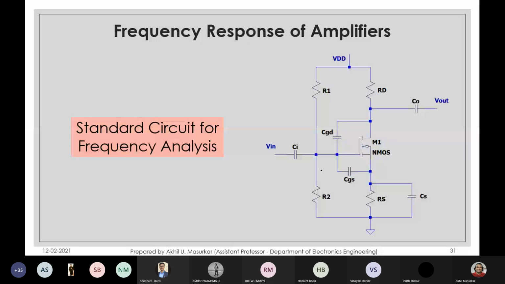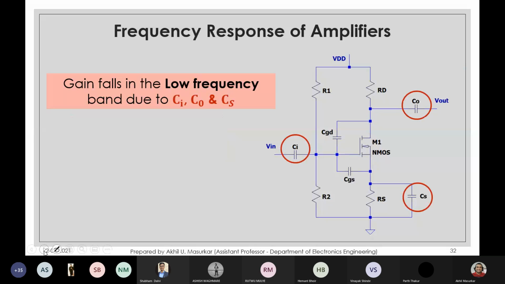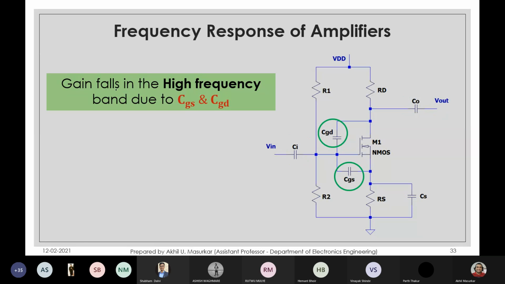This is the circuit that we will use for the standard frequency analysis, and the gain falls again in the low frequency because of CI, C0 and CS. Please observe the positions of these capacitances. When I say low frequency, what should immediately come to your mind is CI, C0 and CS and the positions at which they are connected. Similarly, for high frequency, please note the positions of CGD and CGS.